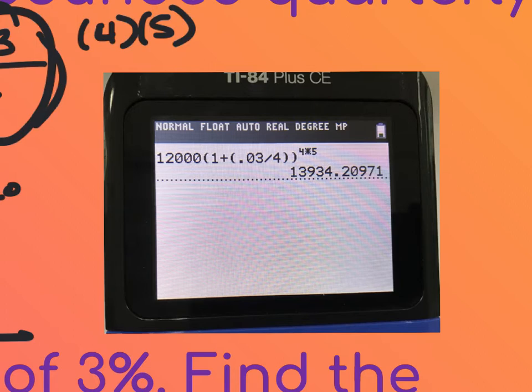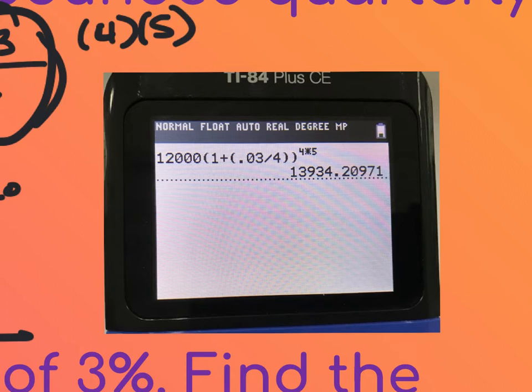So you just type in 12,000, open parentheses, 1 plus open parentheses again, 0.03 divided by 4, close parentheses again, then the caret. If you want to do 4 times 5, you have to open the parentheses and do 4 times 5. Now hit enter. There you go.